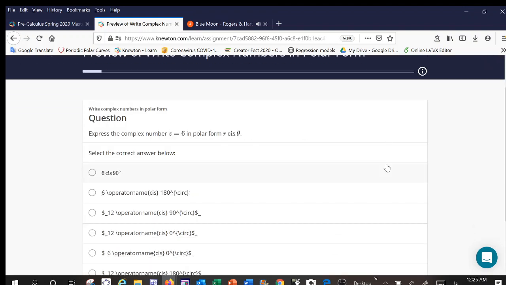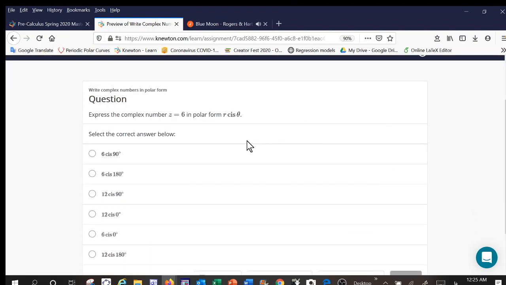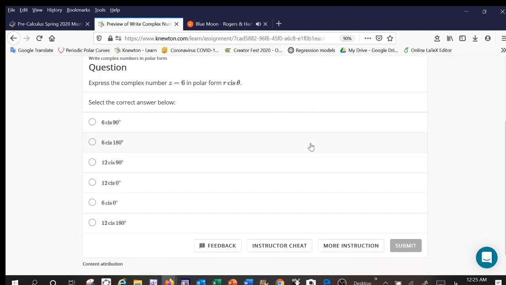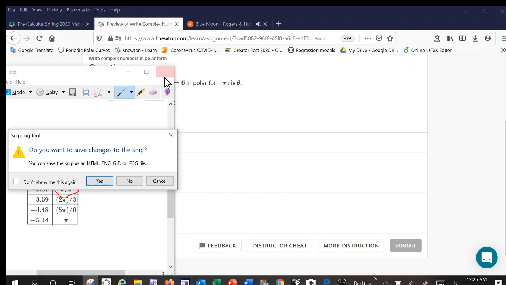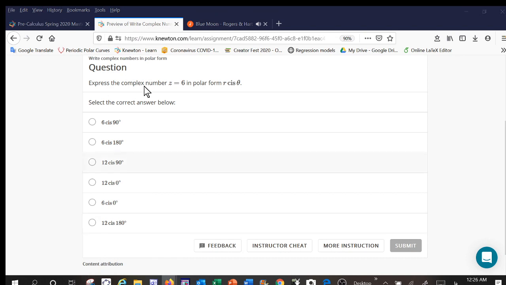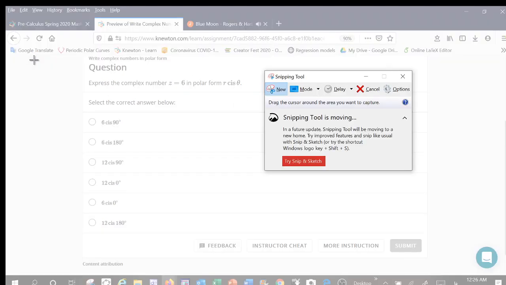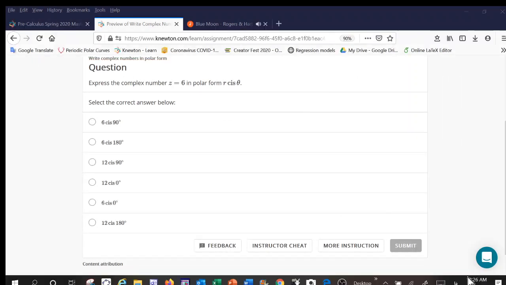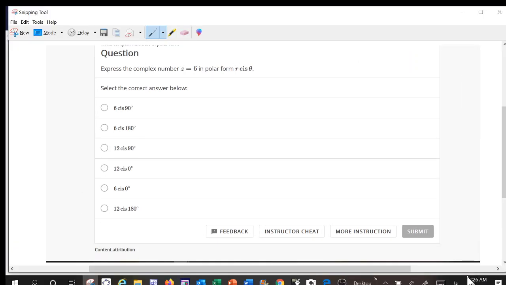Let's do another one. Express the complex number in polar form r cis theta. Now, again, where is this thing? Let me get rid of that and make another one. So again, cis means what?